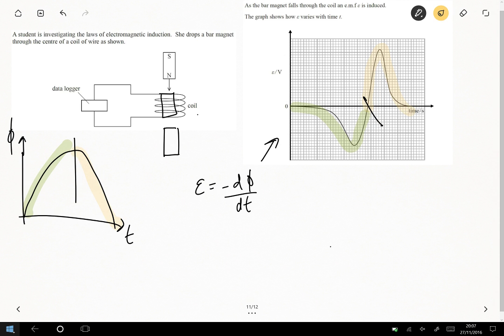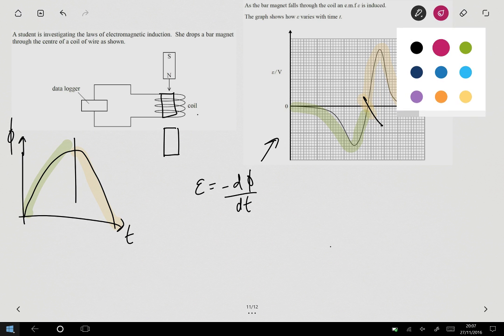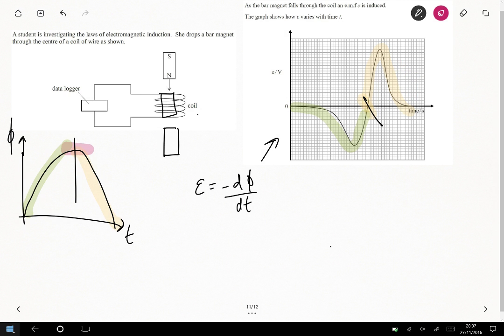Now, in the middle, we have a zero. We have zero EMF, and that's because there is no change in the flux. That corresponds quite clearly to this point here. There is no change in the flux for a very small amount of time, infinitesimally small, when the entire magnet is halfway through the coil.